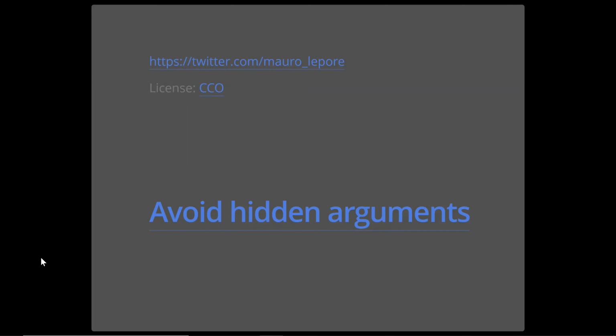I changed the title of this session to make it even higher level, because I learned of some very good documentation about the topic I wanted to address, better than the one I thought of originally. So if you saw some change in the title, it's expected. Now this session is called Avoid Hidden Arguments.